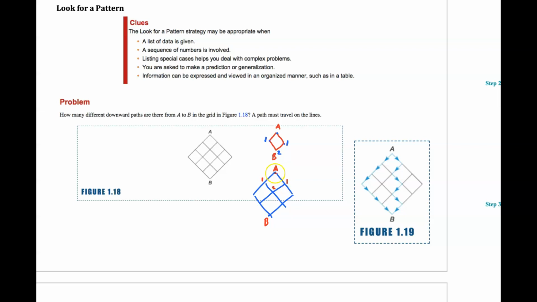And then to get from here to here, that's 1 way, from here to here is 1 way. And so we can start keeping track of that. So how many ways to get to this point here? That's 1 way, that's 2 ways, I can go here, that's 3 ways. And so we can keep playing this game.